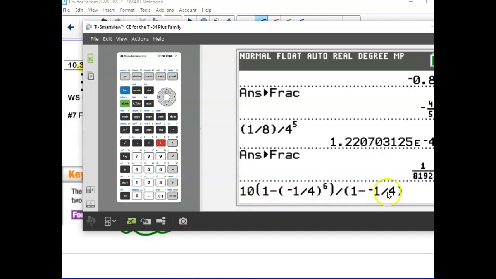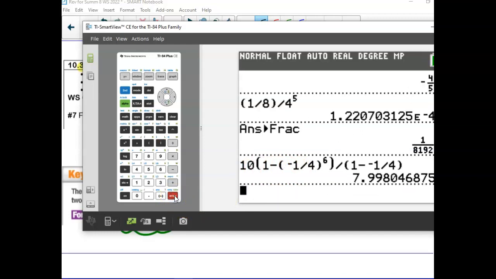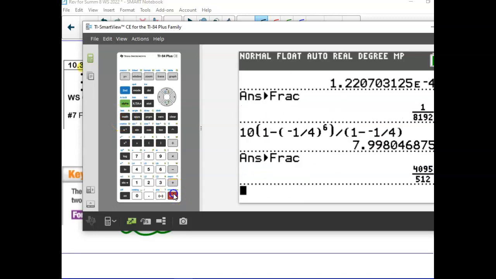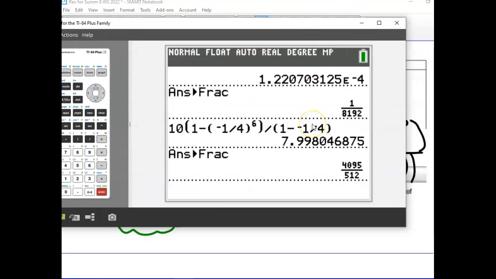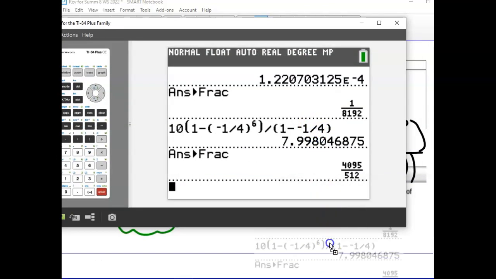This is the minimum number of parentheses you can have, okay? You could put extra ones around that denominator, but you should get this 7.99 gross number, yes? And then I think it becomes a lovely 4095 over 512.